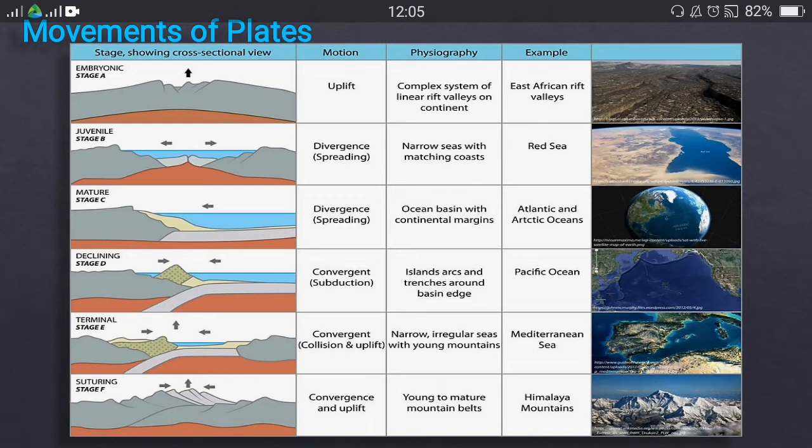Movements of plates. So we have here the illustrations of stages of ocean basin evolution. When we say ocean basin, it can be created by the spreading of the seafloor and the movement of tectonic plates.